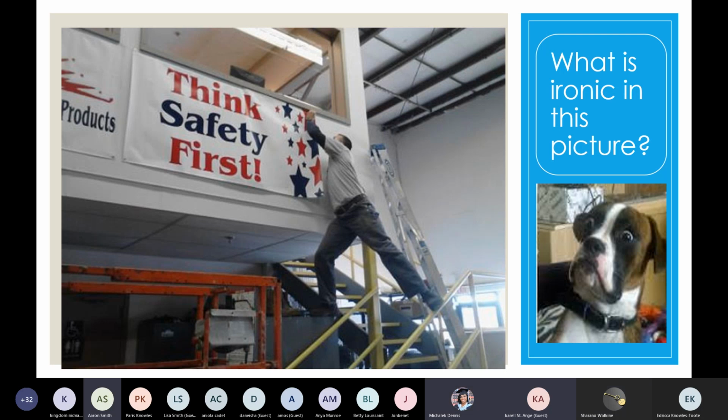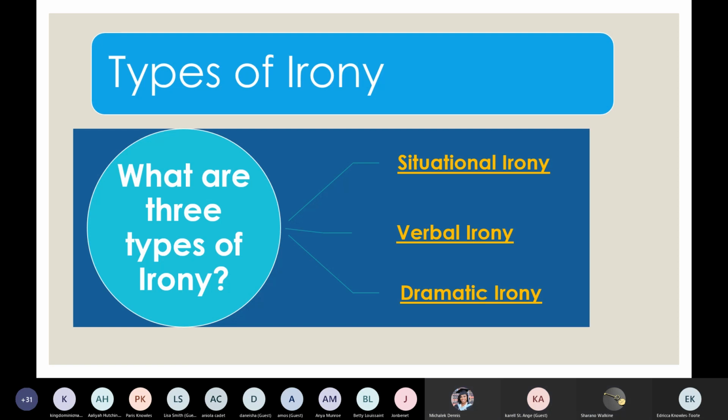The dog's reaction. Shocked. Anyone else? The dog's facial expression. The dog looks shocked as if he knew something. Yep. He looks very concerned. Yes, he looks very concerned. You are correct, guys. So let's look at types of irony.